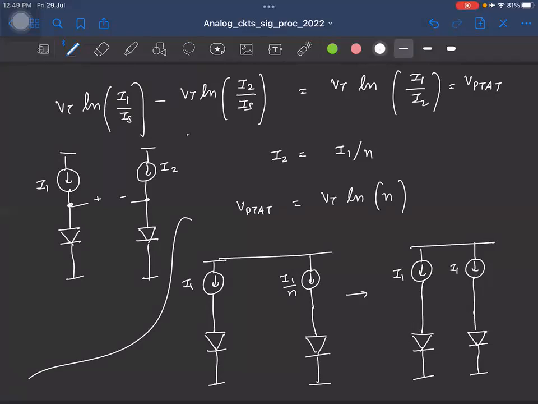If you put N of them in parallel, all of them will steal a fraction of the current. This is N diodes. Then the current flowing through each individual diode is I1 by N. So this is I1, and here it is I1 by N.